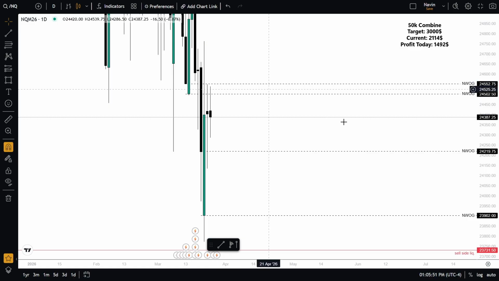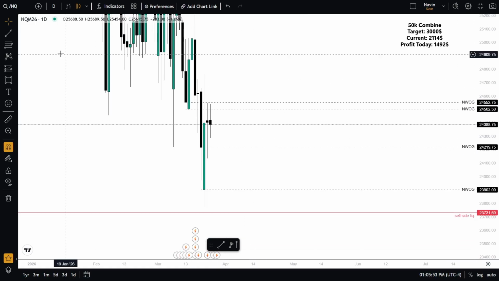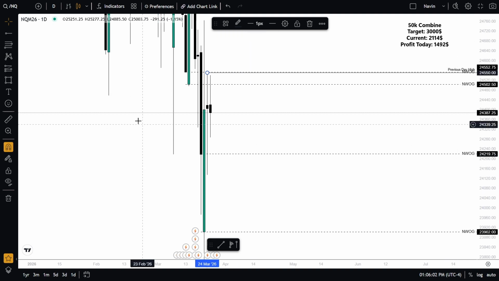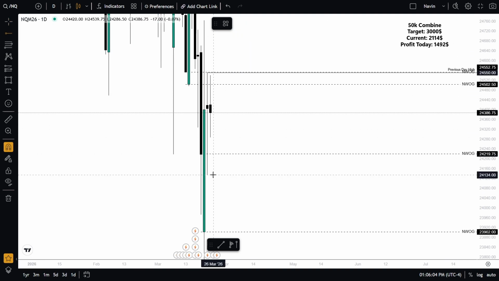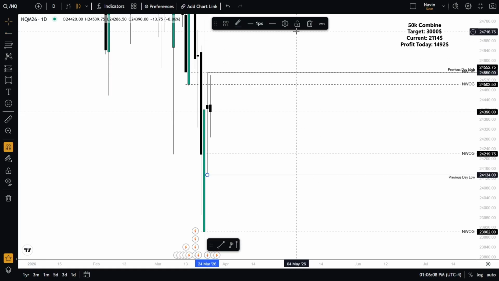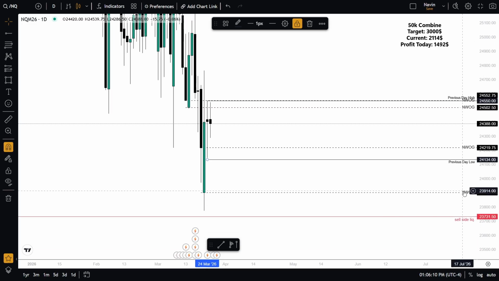So let's take that in beforehand. This is the previous day's high, I'll mark it out, and then this will be the previous day's low.